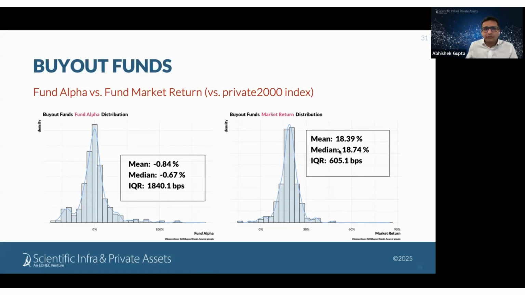This is a very important point: on aggregate, the average alpha is zero against this private market index. That means this index is actually a representation of the market. That's how it should be. Gross of fees, average alpha would be close to 4%. We told you that fees have an impact of about 4.5% on the returns. So if you take fees out of the equation, gross of fees alpha would be about 4% in buyouts.